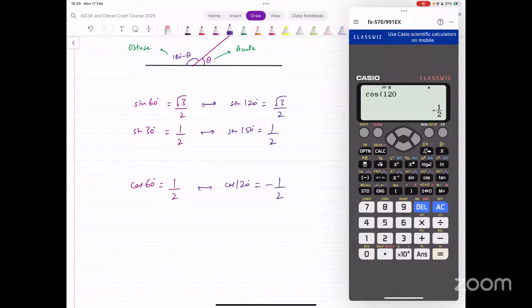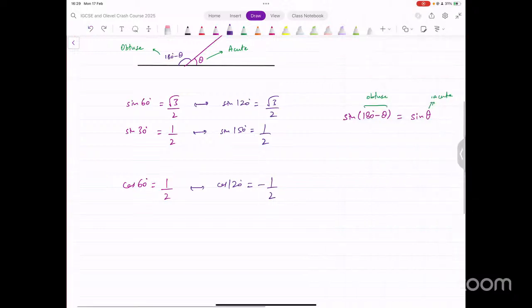So the numerical value is the same, but the sign is different. So for obtuse angles, cos is negative. For acute angles, cos is positive. This can be written like this.